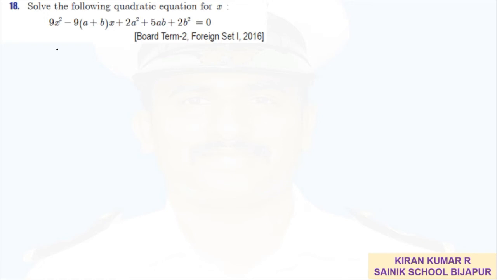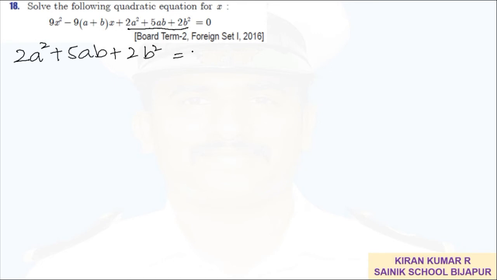Here, it's a very lengthy equation. If you look at this constant term, it can be simplified into factors. Let me consider now 2a square plus 5ab plus 2b square.